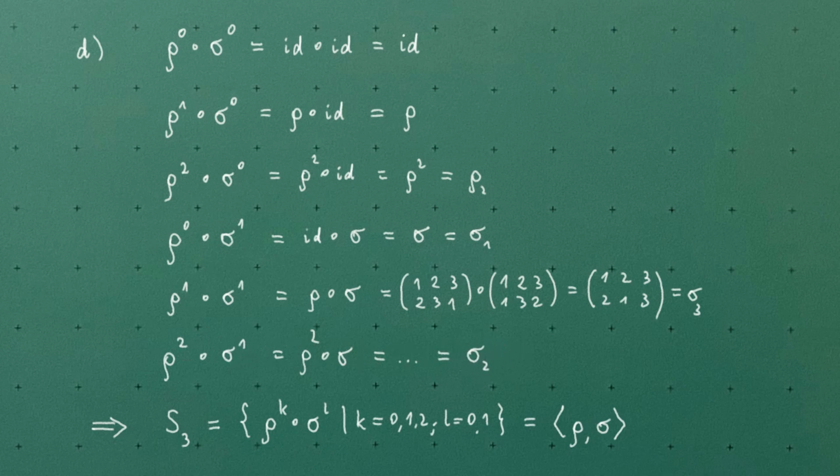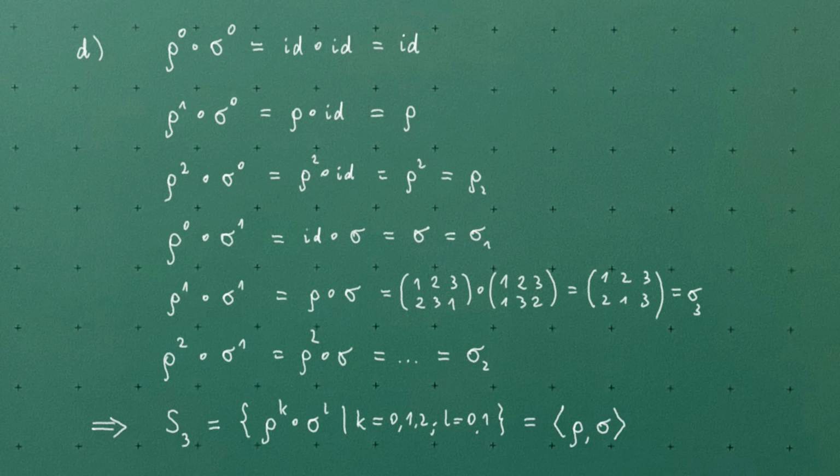If you're a beginner, it's very worthwhile to do these calculations, or at least check that they are correct. I'm skipping those now. And so I see all these compositions here give me all the 6 different elements of S3, so we are done. S3 can also be written as these elements here.